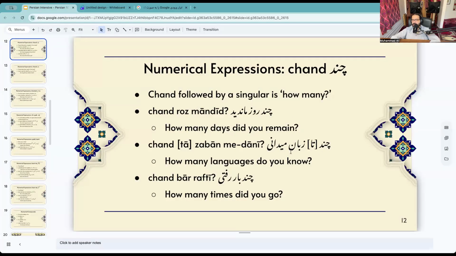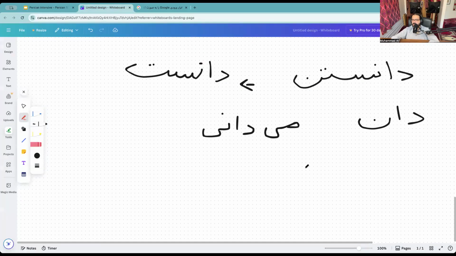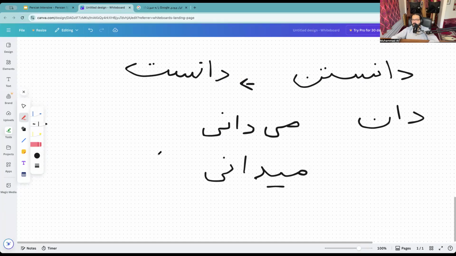So chand zaban mi dani, and you could separate it like that as well. You could do this. That's acceptable. You could write it this way or this way. Someone actually emailed me and asked me this. Either of these are acceptable. These are the same. You could put a little equal sign.